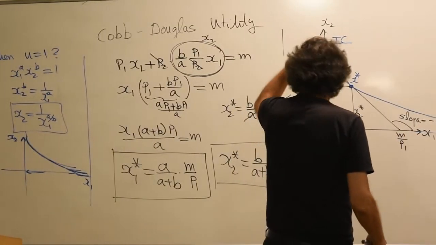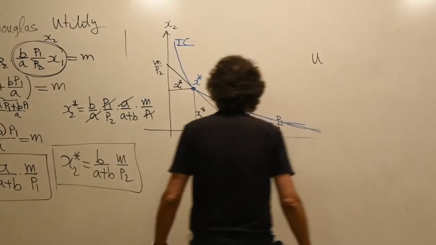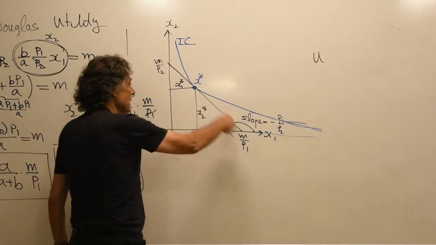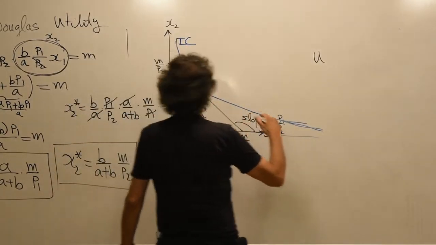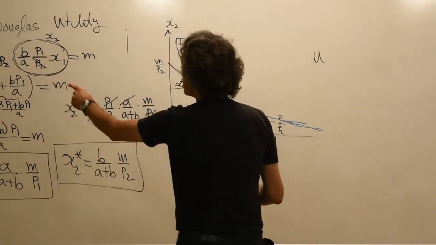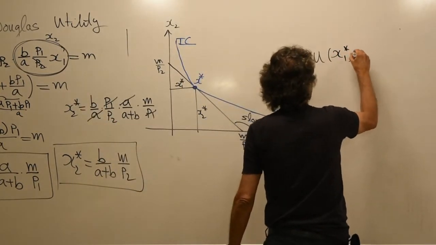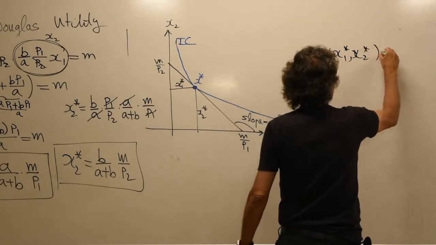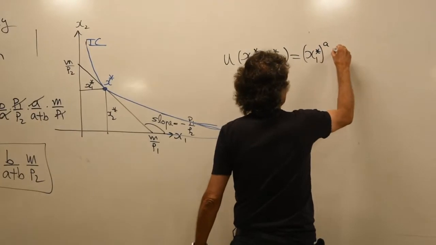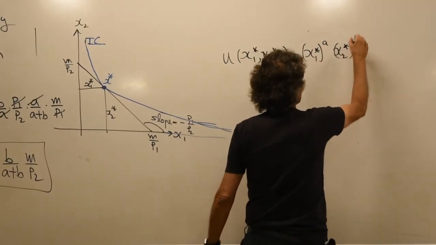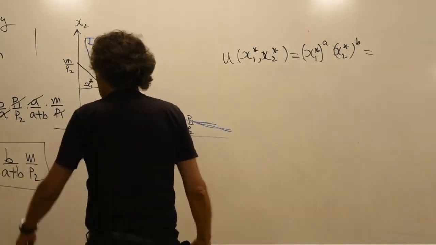So first of all, if I want to find the utility level, it is u of x1 star, comma x2 star. It is x1 star to the A, x2 star to the B. So I have to multiply all of them.